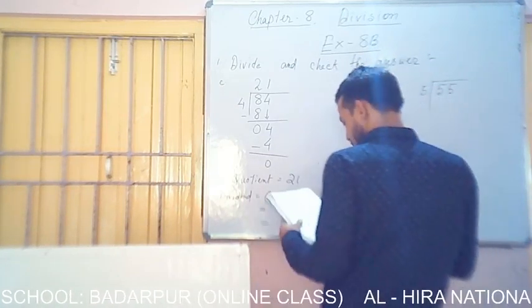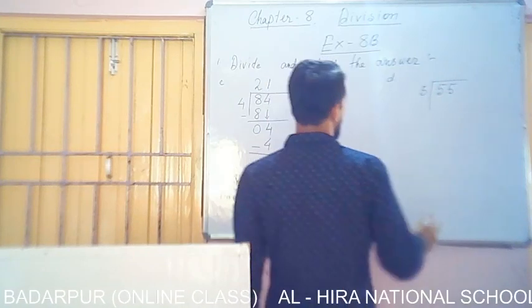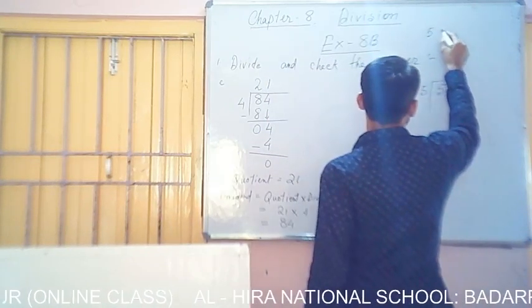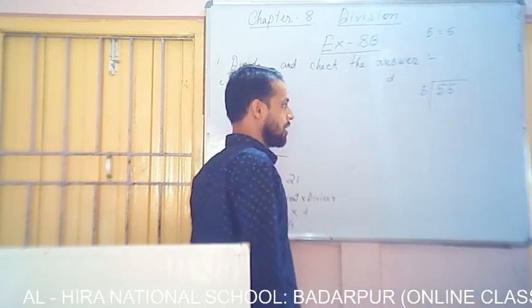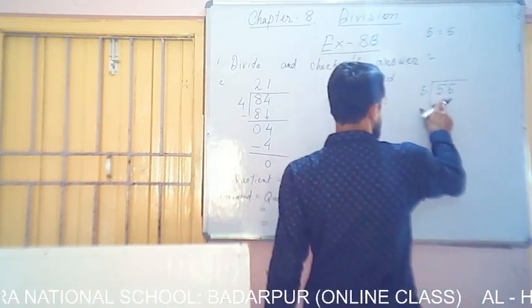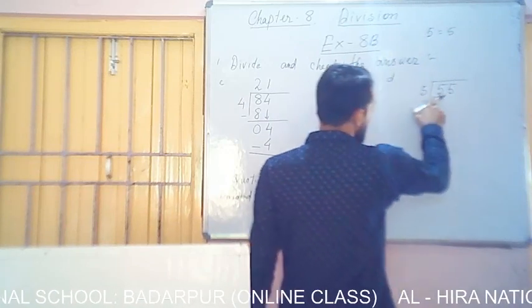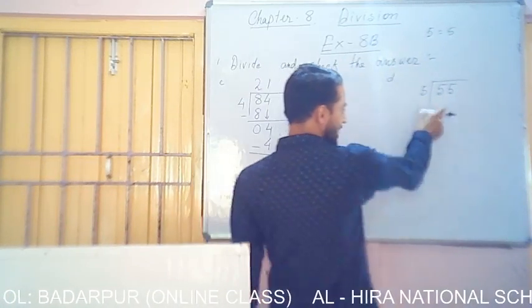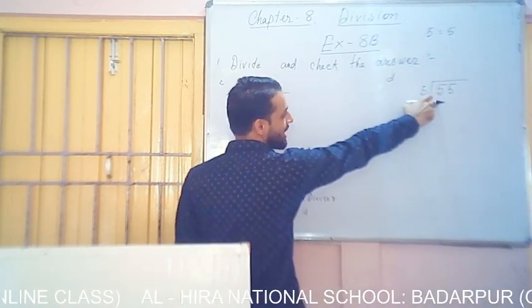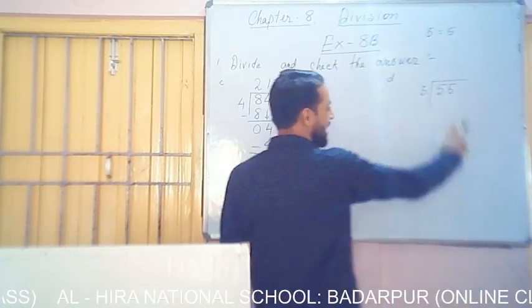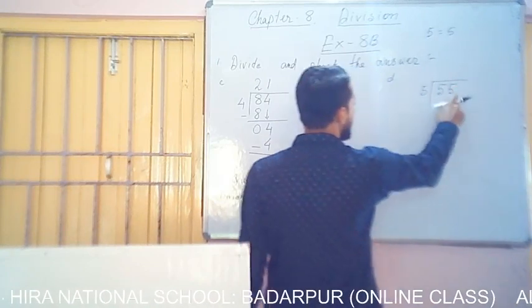Here we are going to divide 55 by 5. Here the dividend and the divisor both are equal. First of all we have to divide 5 tens by 5. Why tens? Because this digit is in the tens place, that is why 5 tens, and this digit is in the ones place, that is why 5 ones.